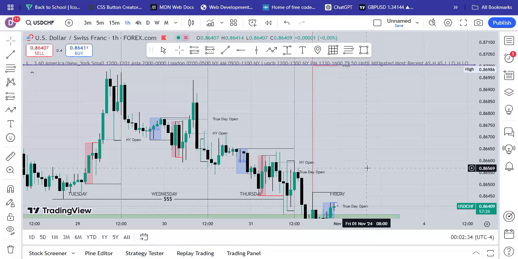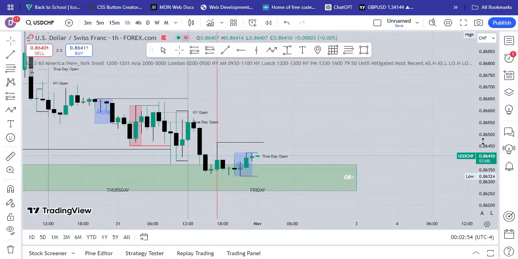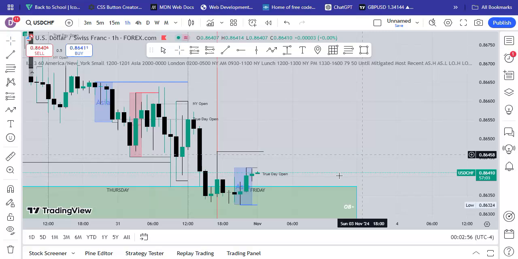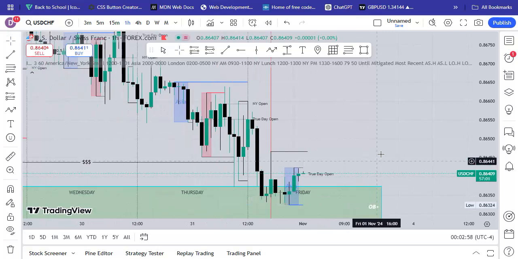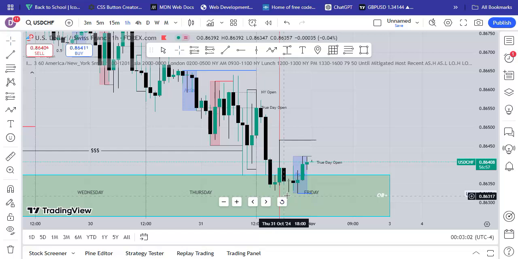EUR USD, I'm going to be looking for sell opportunities, and that's if I get to see a good signal. I'm not just taking a trade because I want to take the trade. I'm looking for a good reason to take it. All of this is just bias, just sentiment: this is what I want to see, this is what I am seeing, and this is what I should be expecting. So I will take my trades based off that expectation.